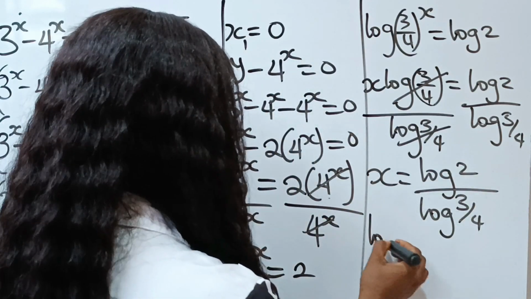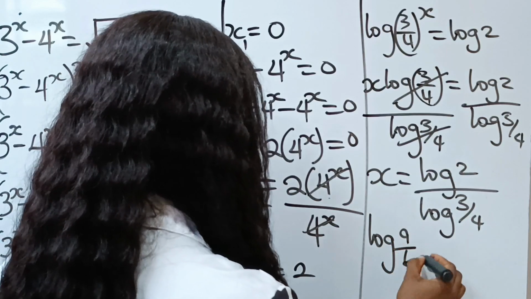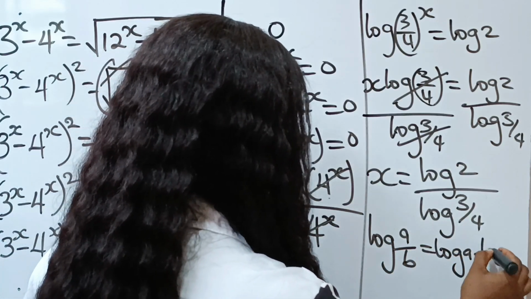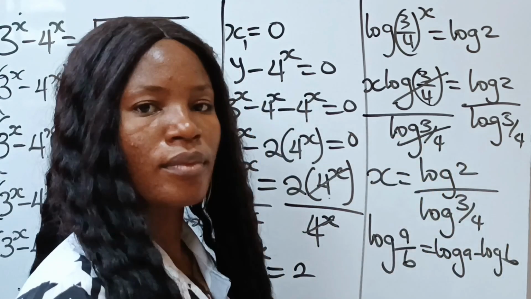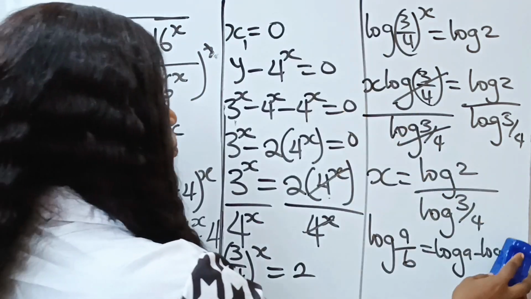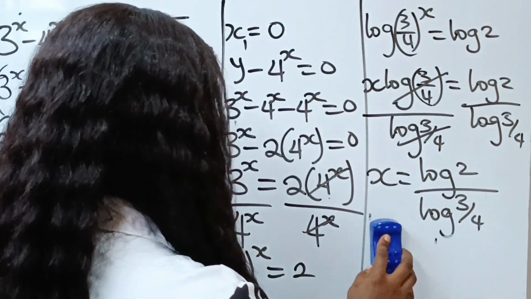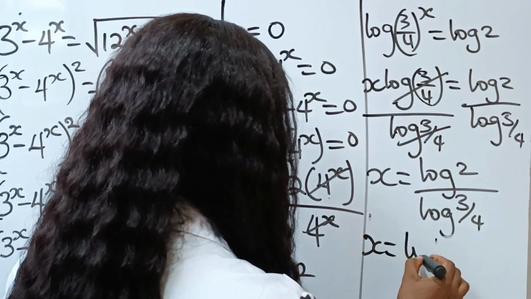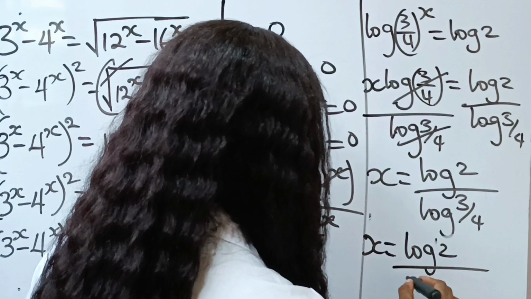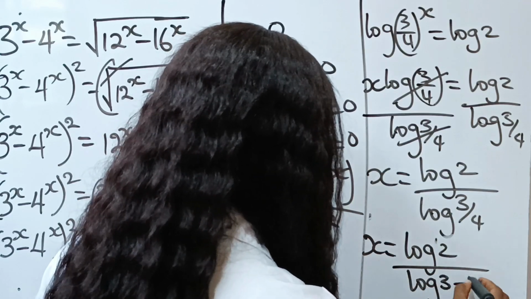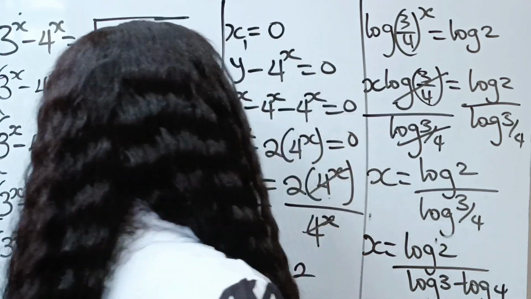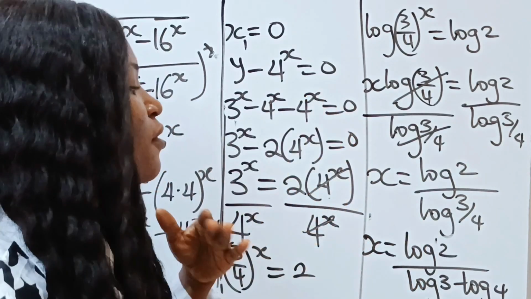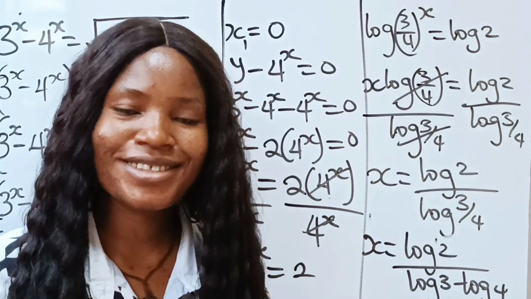Now when you have log A over B, this is equal to log A minus log B. Therefore we can rewrite this as x is equal to log 2 divided by log 3 minus log 4, and those are the values of x. Thank you.